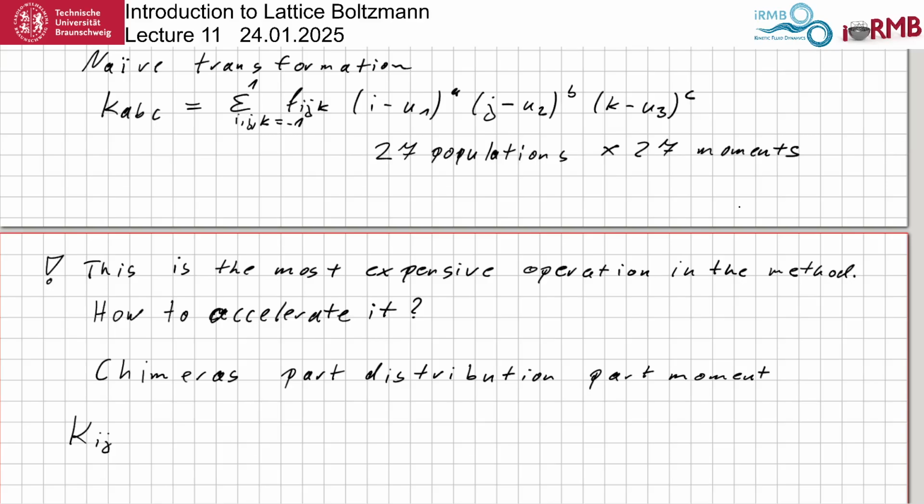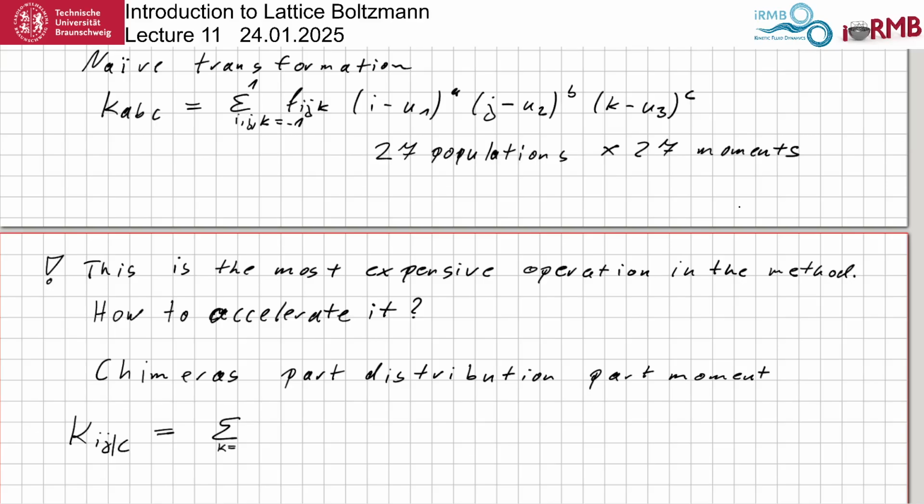And I indicate this. I make here a small line just to indicate that there is a difference. So we'll have the IJ index, which is population, and C, which is moment. And now we compute this moment.